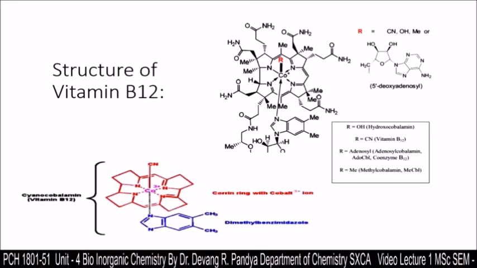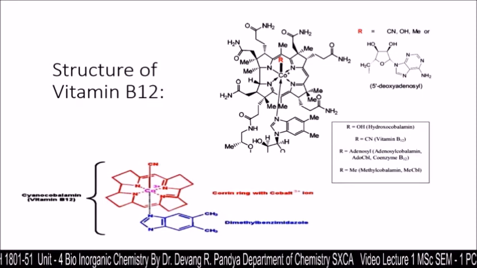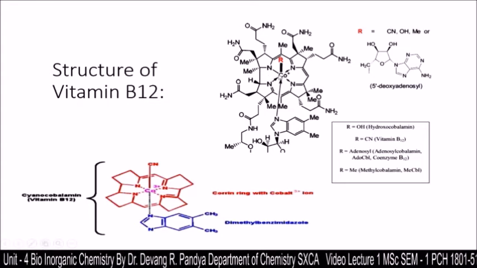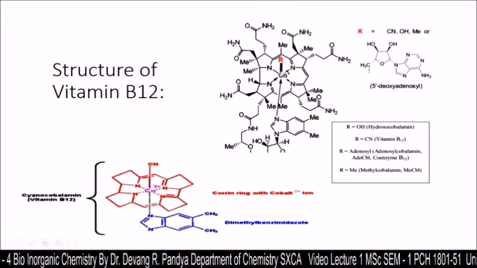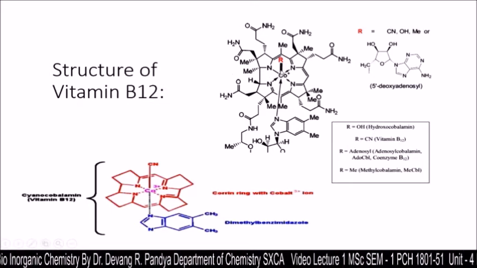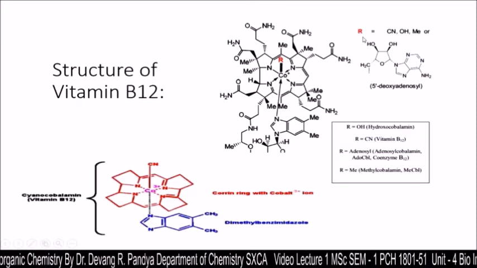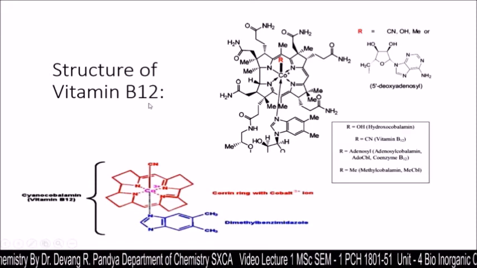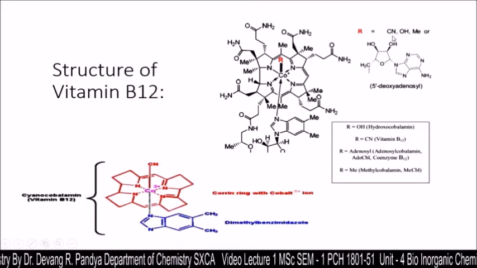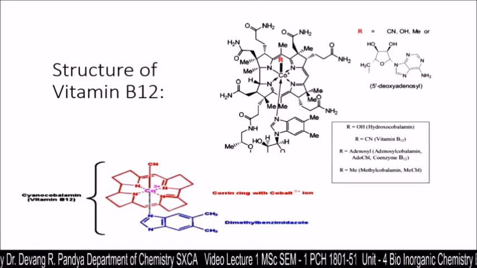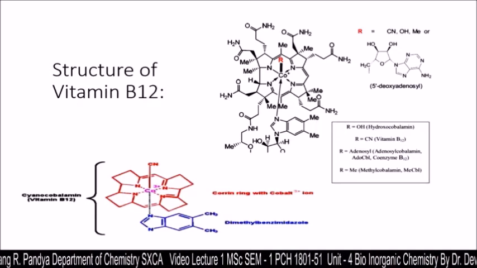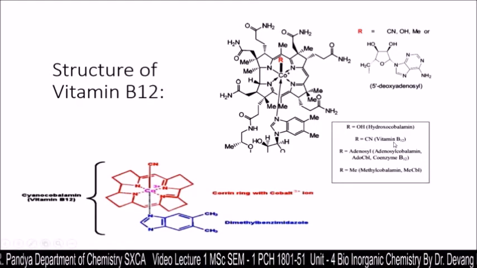This is the structure of vitamin B12, a very complex structure, and you can see this R that is attached to the axial side of the cobalt. If we change that R, it will change the type of vitamin B12. If it is cyanide, then it is cyanocobalamin, that is known as vitamin B12.